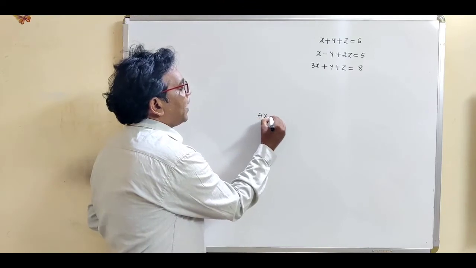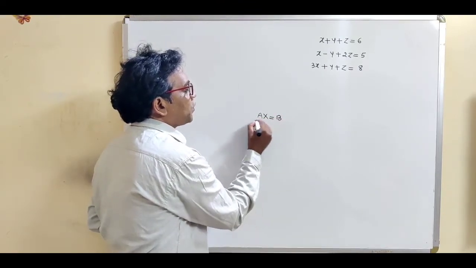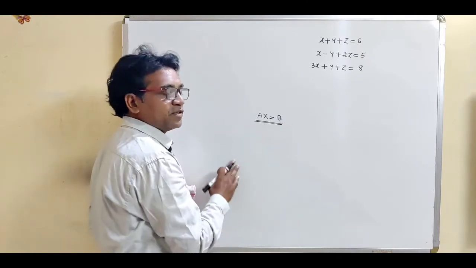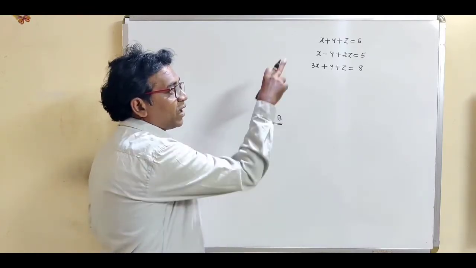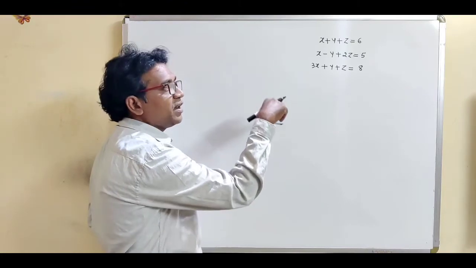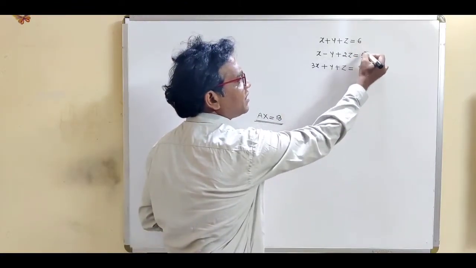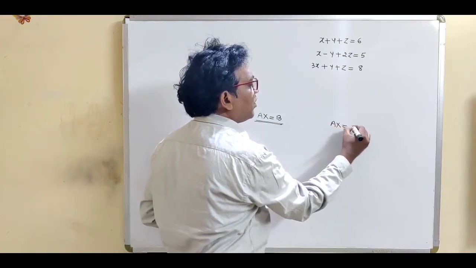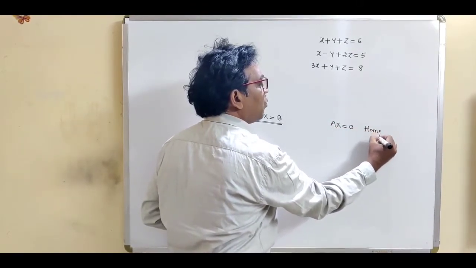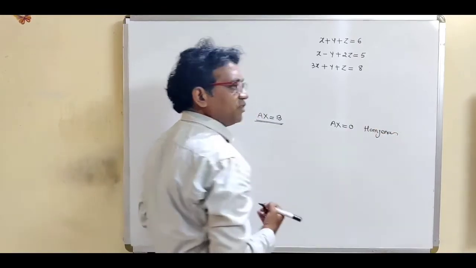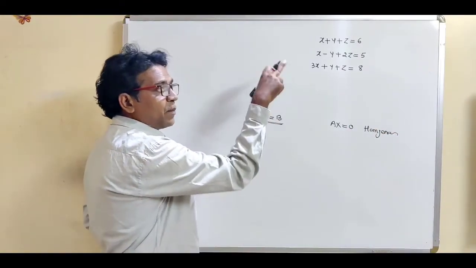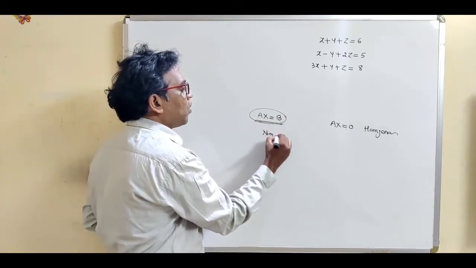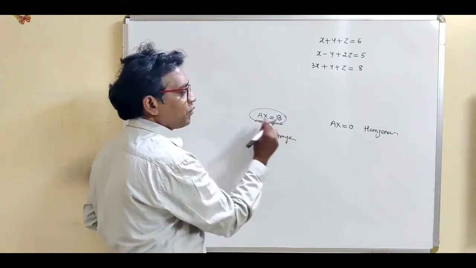Suppose Ax = B is a system of non-homogeneous linear equations. We are given the system of non-homogeneous linear equations. If the right hand side is 0, then the equation Ax = 0 is called a homogeneous system of linear equations. And the equation Ax = B is called a non-homogeneous system of linear equations.